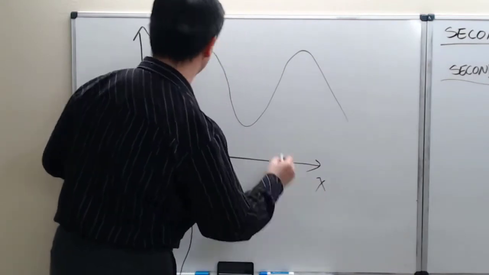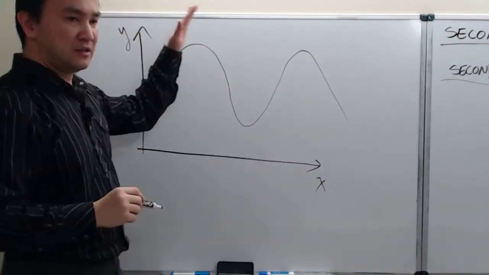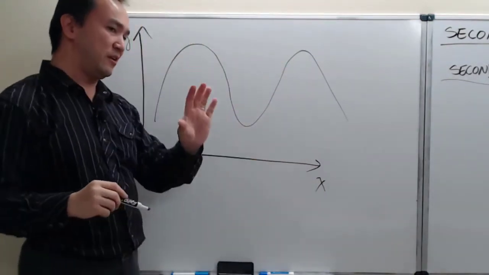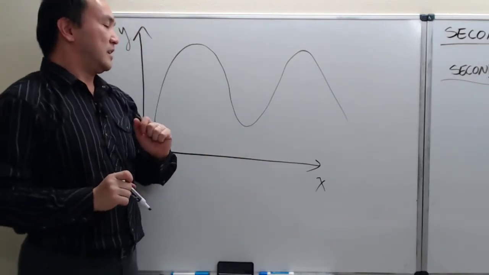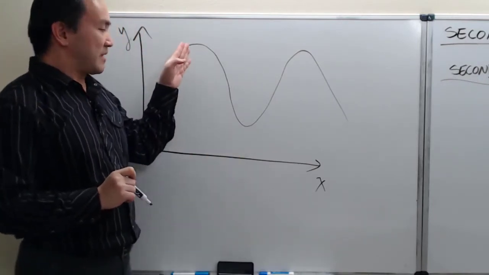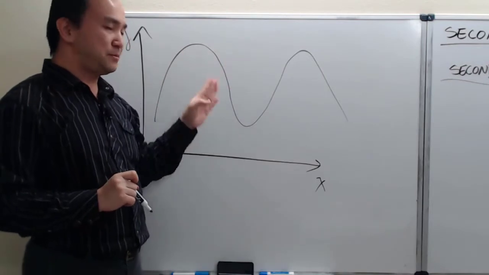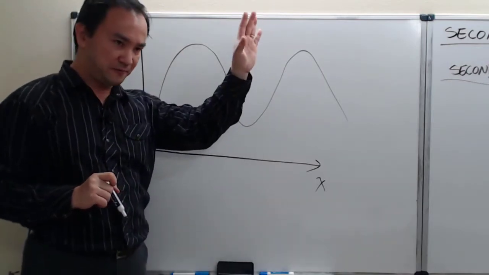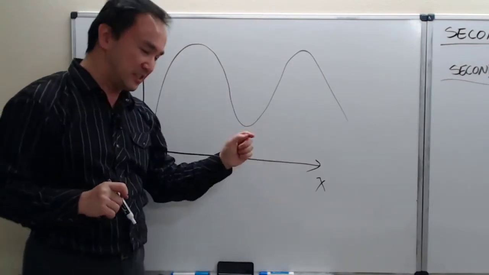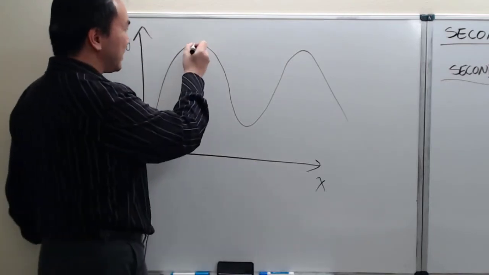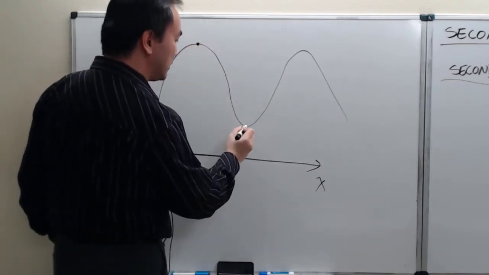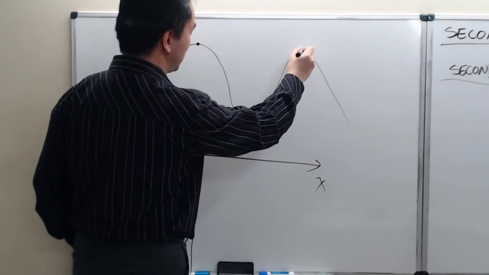Okay, x-axis is here, y-axis is here. Our graph has ups and downs, and you have learned already in your lessons how to find a maximum, minimum. These peaks right here, we have already found how the first derivative can explain a lot of these. But now I want everybody to have an even closer look at those peaks right here.